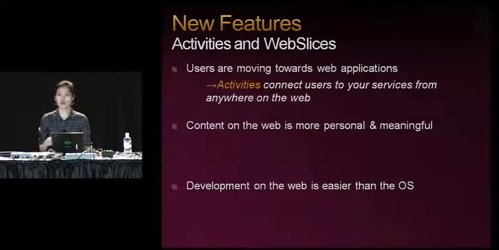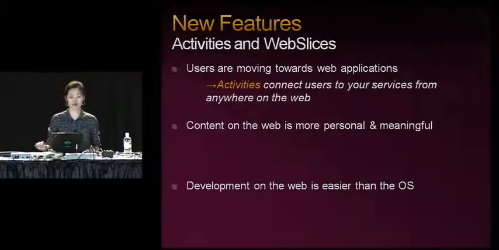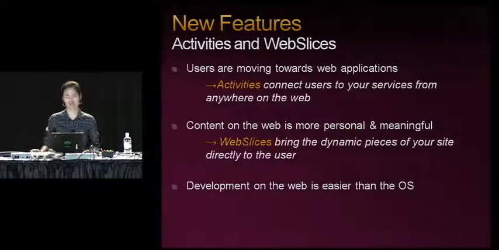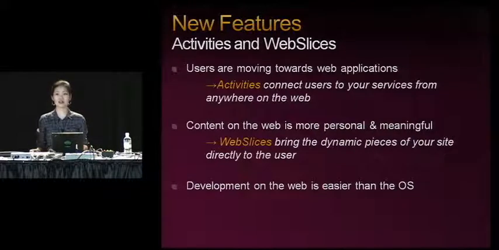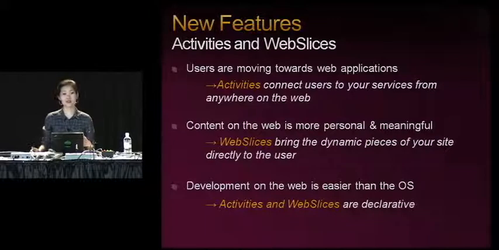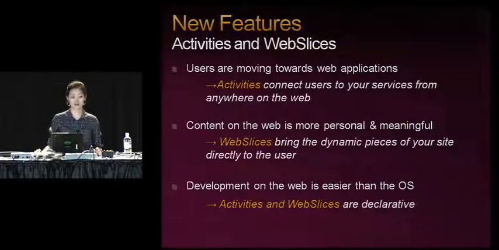One, activities, where I can access a service from any web page. And then secondly, web slices, where I can get the most important information available directly in my browser and see when there are updates available. And best of all, it doesn't require any client-side code. They're easy to build.